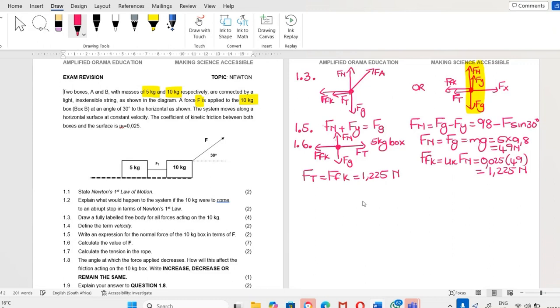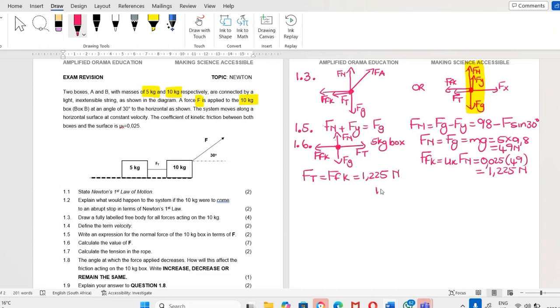Now, that very tension exerted on the 5 kg by the 10 kg would be equal to the tension that the 5 kg is exerting on the 10 kg according to Newton's third law. So we can set up an equation again by looking at all the horizontal forces that are acting on the 10 kg block.